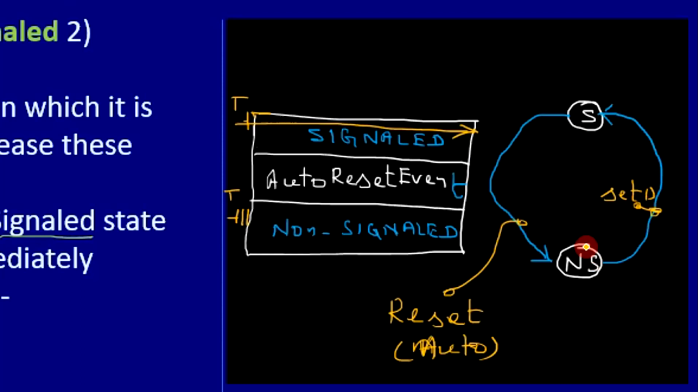That means once you make a call to Set, the object moves from non-signaled to signaled state, releases any waiting thread, then immediately moves to non-signaled state. So that means if there are some other threads, they will get blocked. So most of the time the object will be in a non-signaled state. Once you make a call to Set, the object goes to signaled state and immediately moves to non-signaled state.